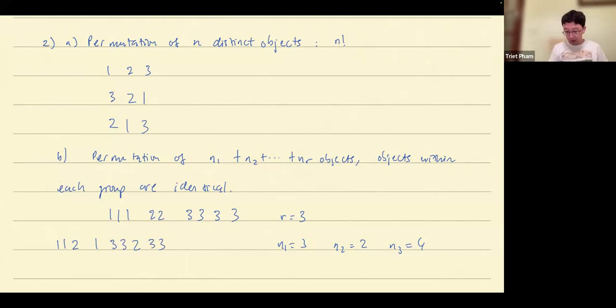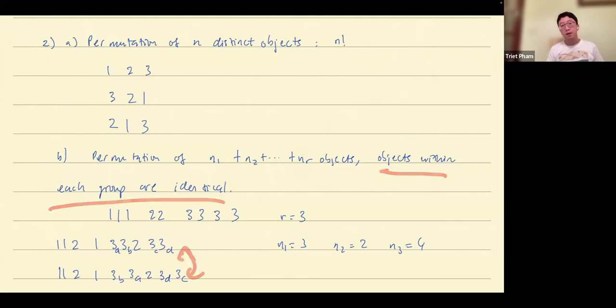This is one possible permutation, and this is of course different from this. But if we fix everything else and just permute the threes among each other, meaning suppose you write 3 sub 1, 3 sub A, 3 sub B, 3 sub C, 3 sub D, pretending we can distinguish the 3s, then these actually are the same thing, because objects within each group are identical.